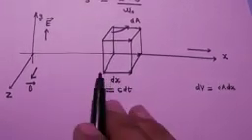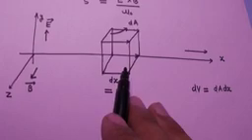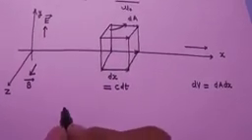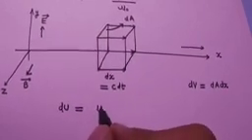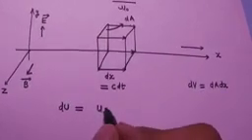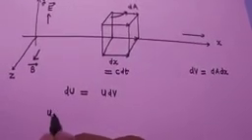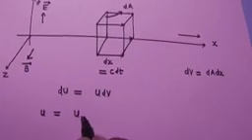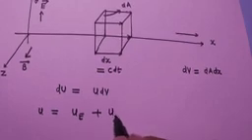We can calculate the energy that is contained inside this volume element. This energy we can write as dU is equal to u into dV, where u is total energy density. It is equal to energy density of electric field plus energy density of magnetic field.